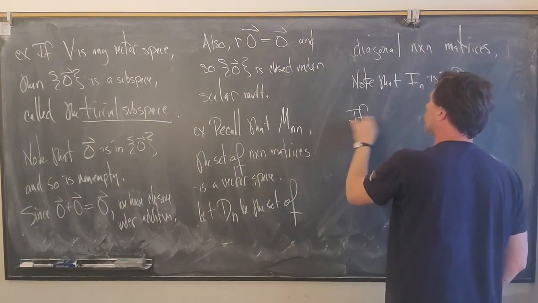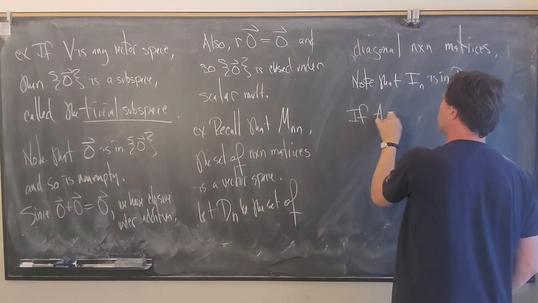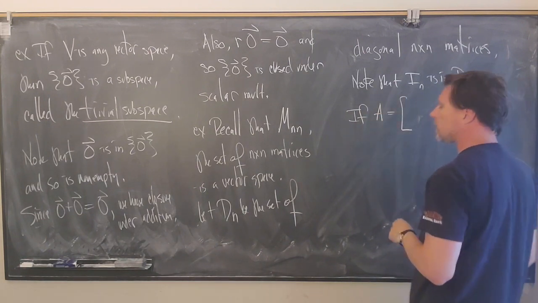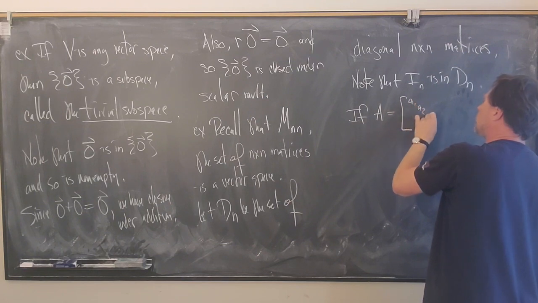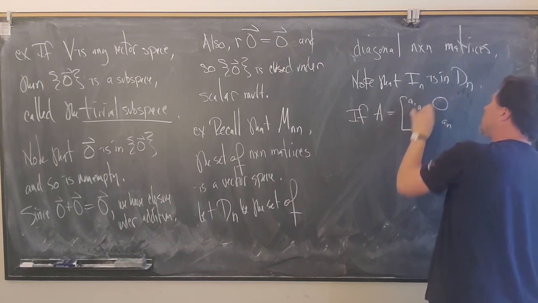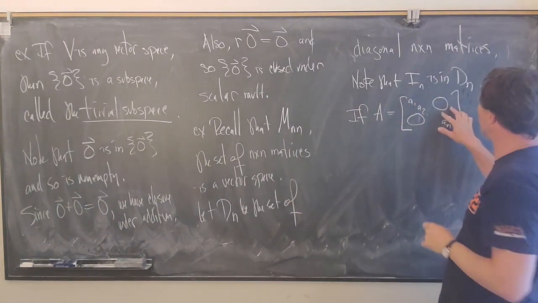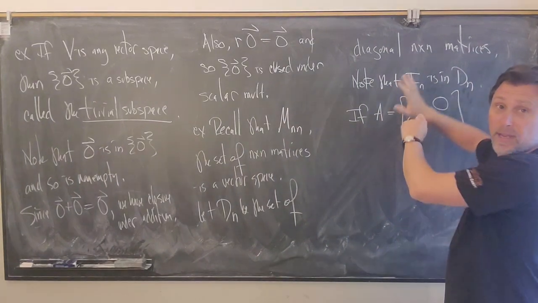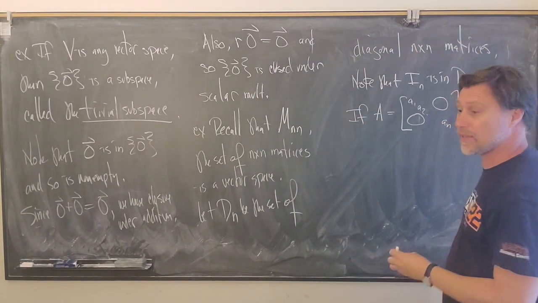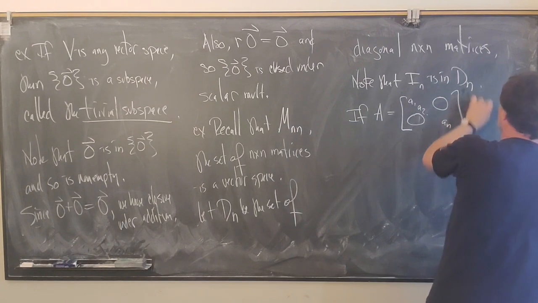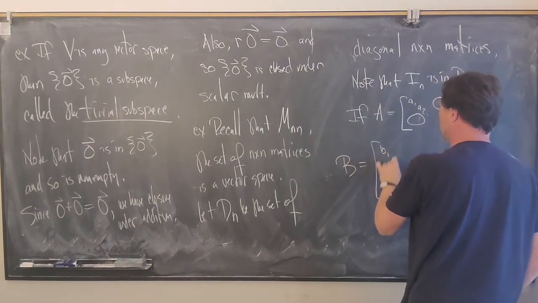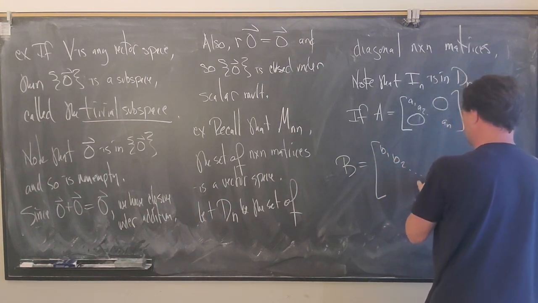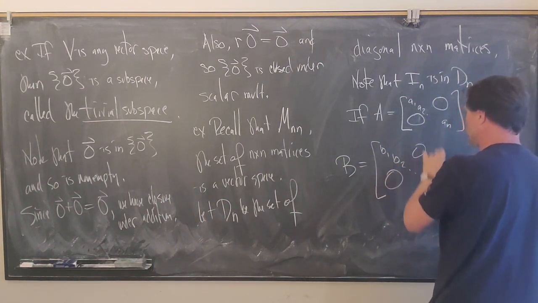If A equals, so let's see, what will a diagonal matrix look like? It'll look like a1, a2, dot, dot, dot, down to an, with zeros everywhere else. And I'm just going to put big zeros here in the corners to indicate zeros everywhere except on the diagonal. And let's call it B, and that's going to be b1, b2, dot, dot, dot, down the diagonal, with zeros everywhere else.